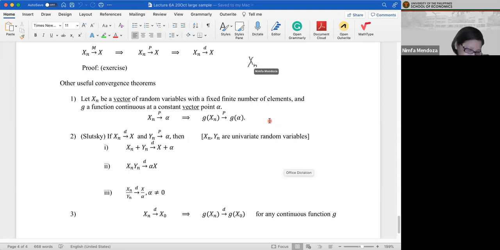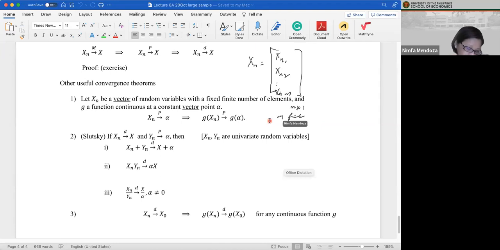So x sub n is a vector of random variables with a finite number of elements.